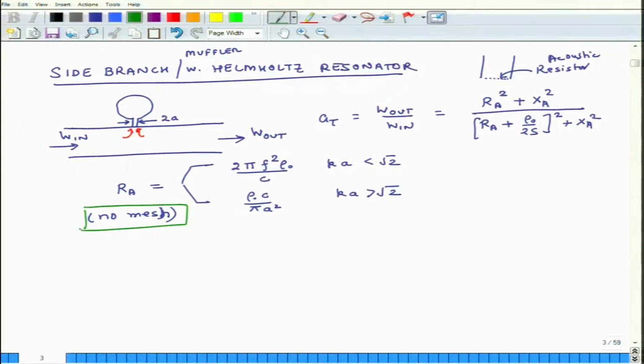If there is mesh, then the resistance offered by this mesh will be very large compared to these values. So, we can neglect the contribution of these values, and I can write RA as RS divided by pi a square.